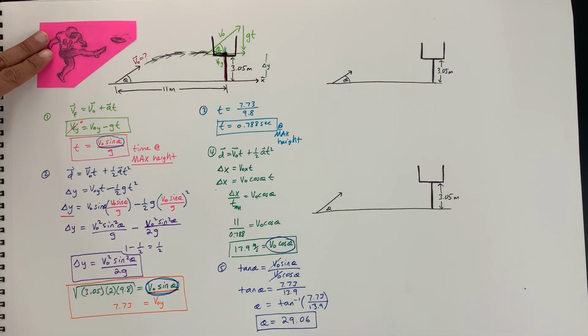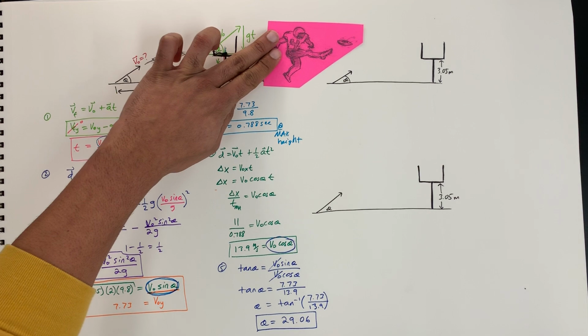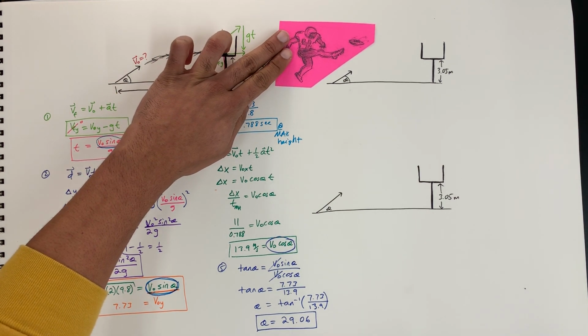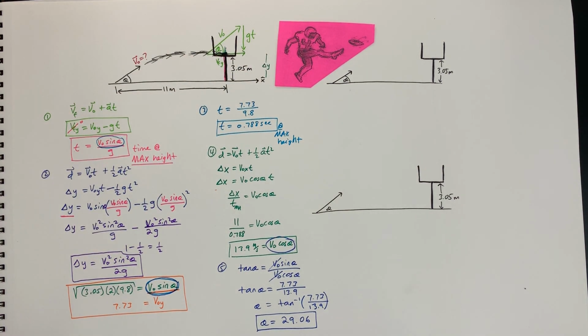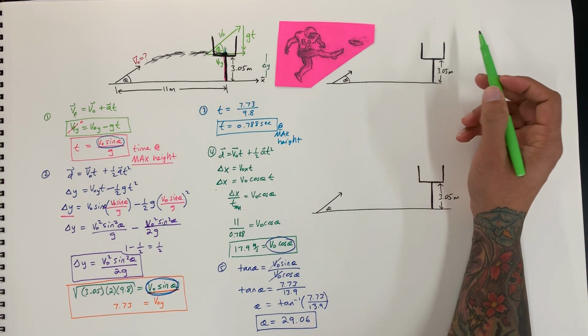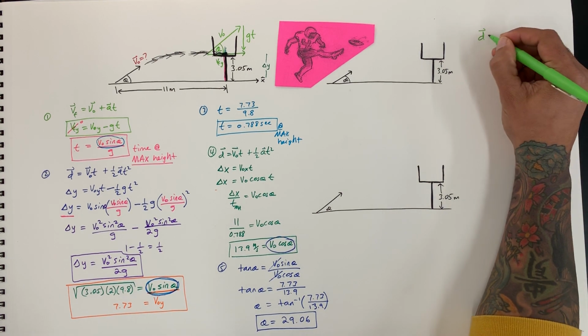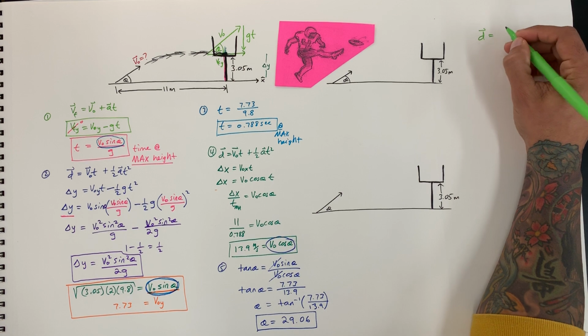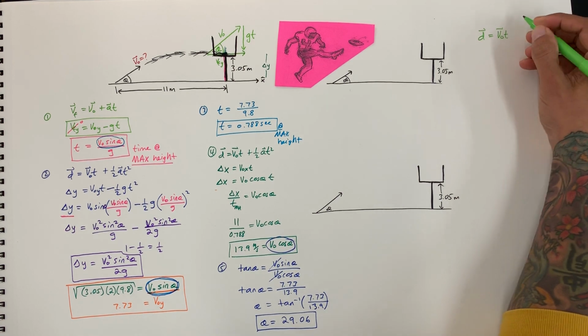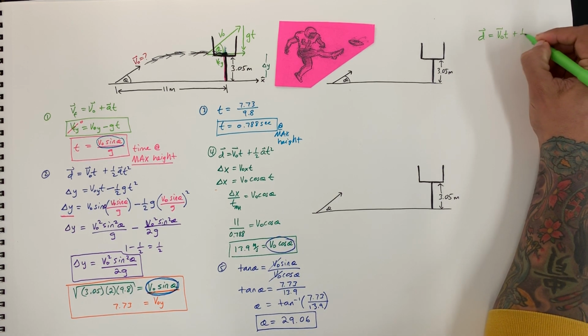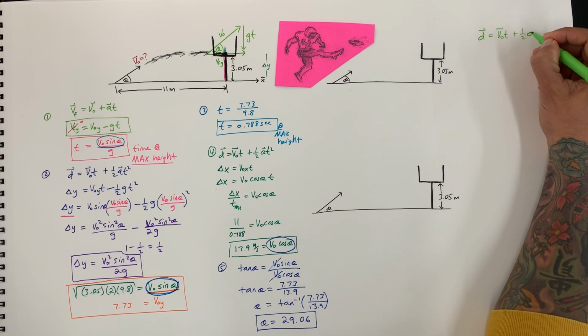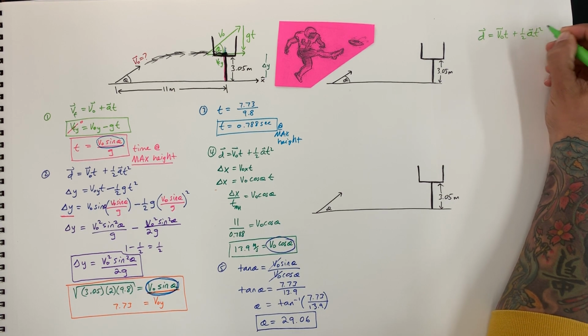And let's get this guy over here kicking the ball on this side now. Okay, so what we're gonna do is use the vector equation, right? So the triangle plus 1/2 AT squared.